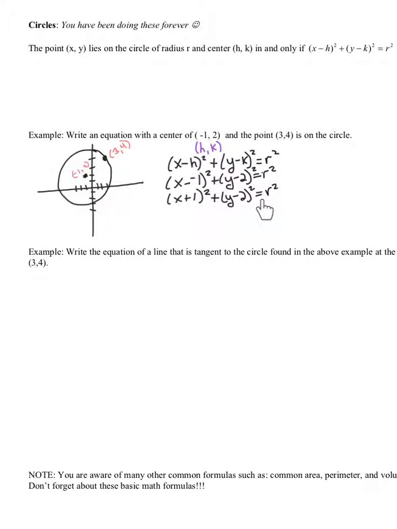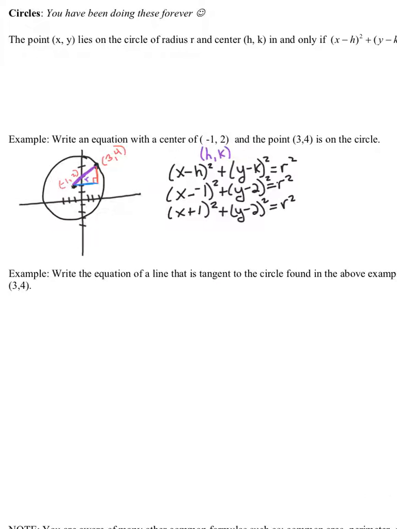Well, we're going to use the Pythagorean theorem or the distance formula to do that. R is this distance between the center point and the point on the circle. So this is the same thing as the hypotenuse of this triangle that's formed by the radius.